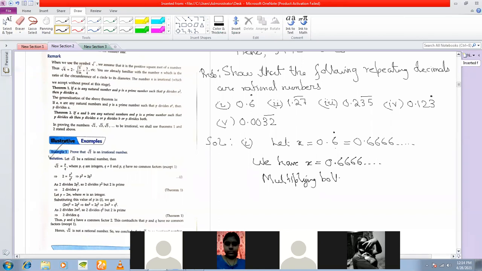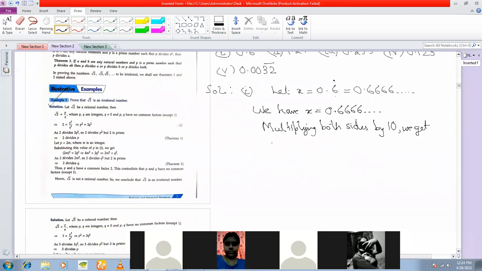We get 10x equal to 10 into 0.6666, and so on. With one decimal shift, you get 6.6666, and so on. This will continue.